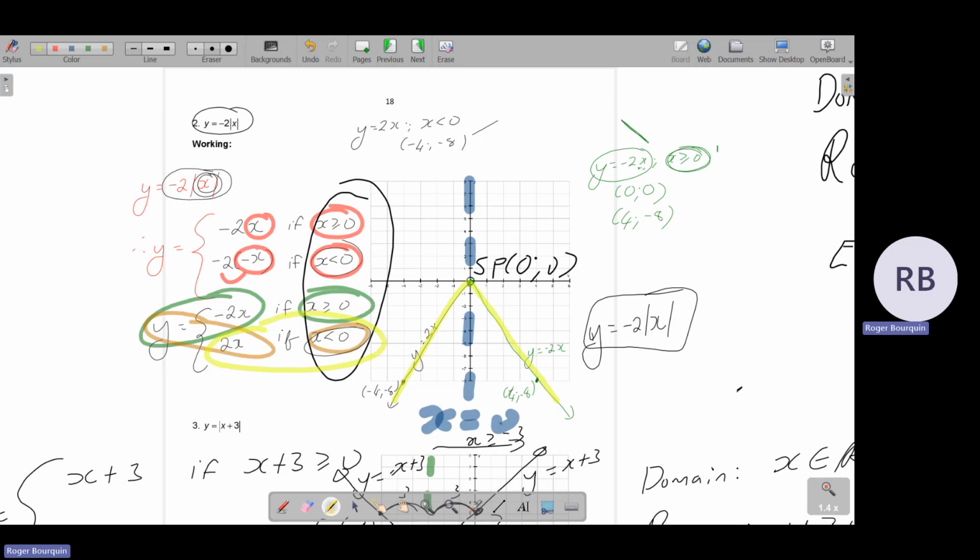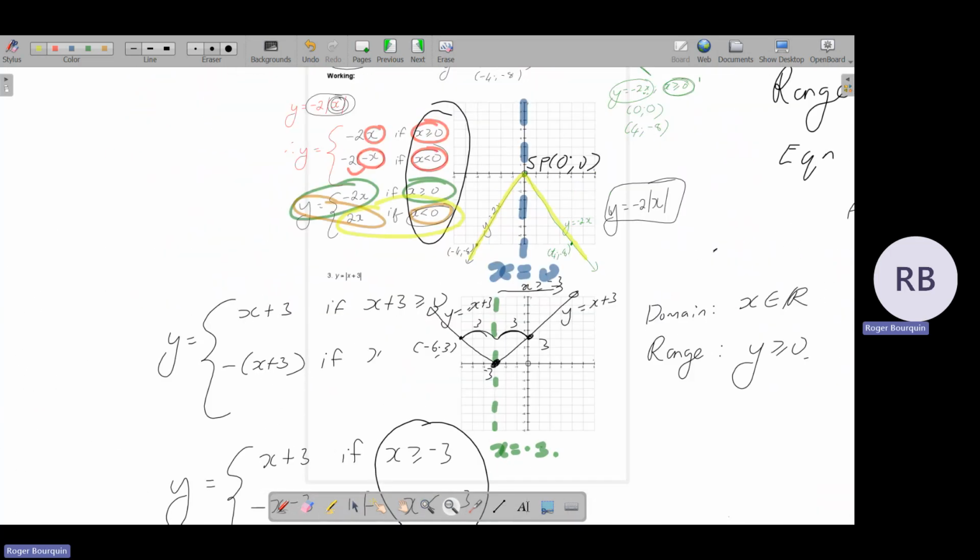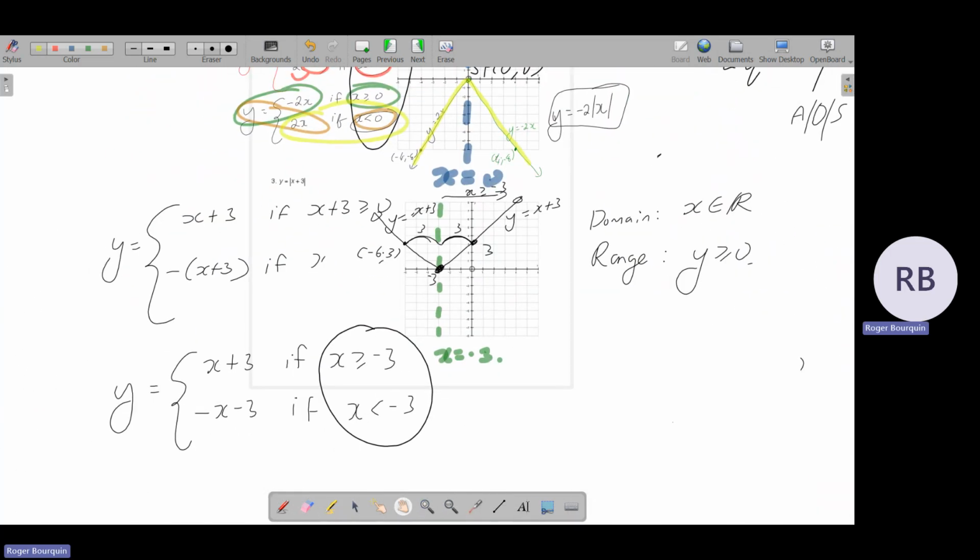Then we did y is equal to the absolute value of x plus 3. Again we use the definition. It stays the same if what's inside is bigger than or equal to 0, but it changes sign if what's inside is less than 0. That should have been x plus 3 is less than 0. Simplify that, get x on its own always.